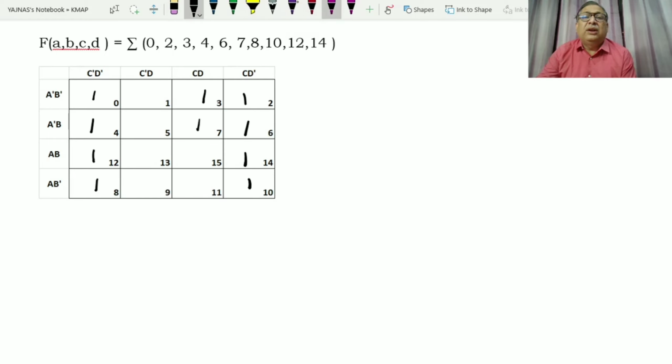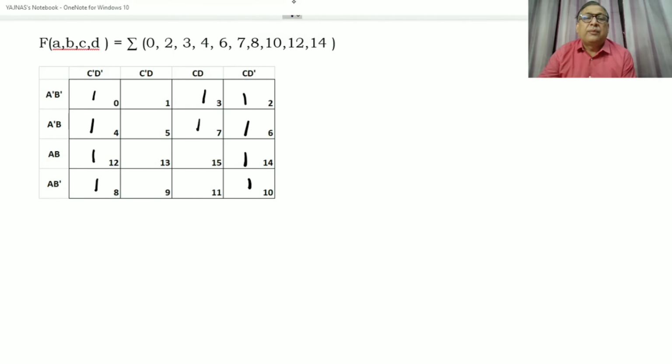So what will be the groups? One student is saying 3 quads, another is saying 1 rolling octet and 1 pair.